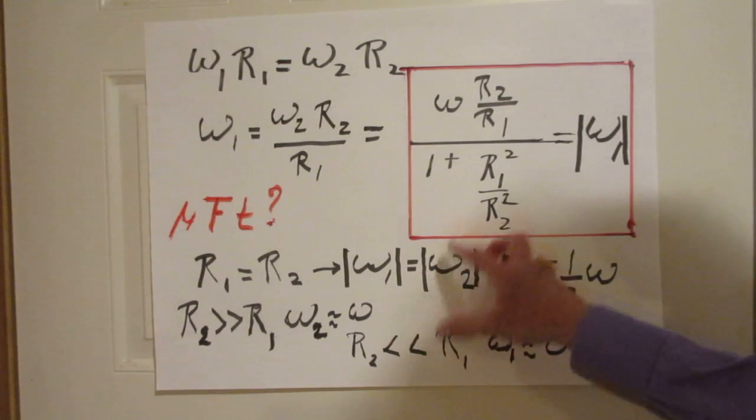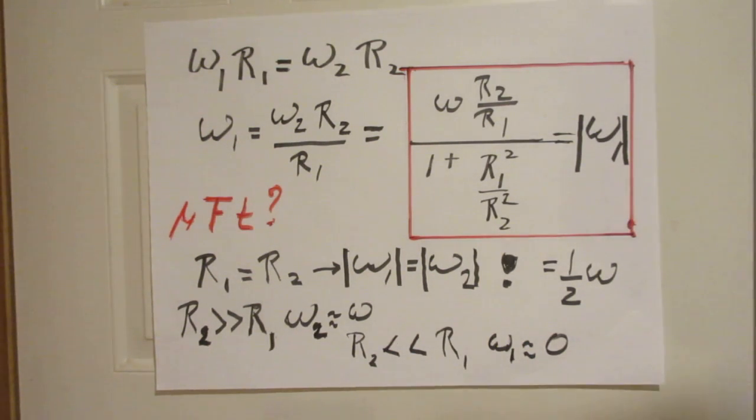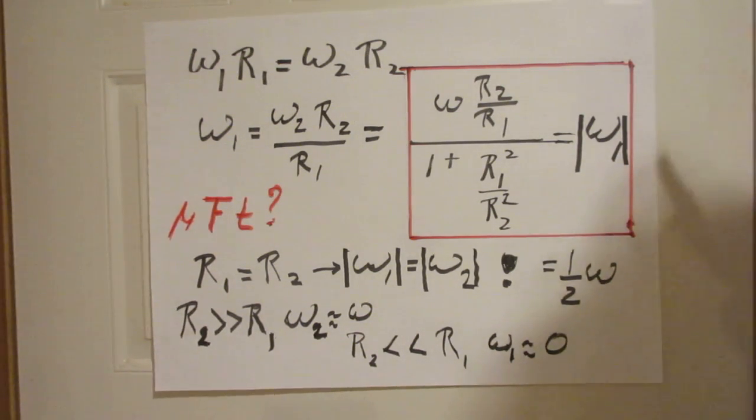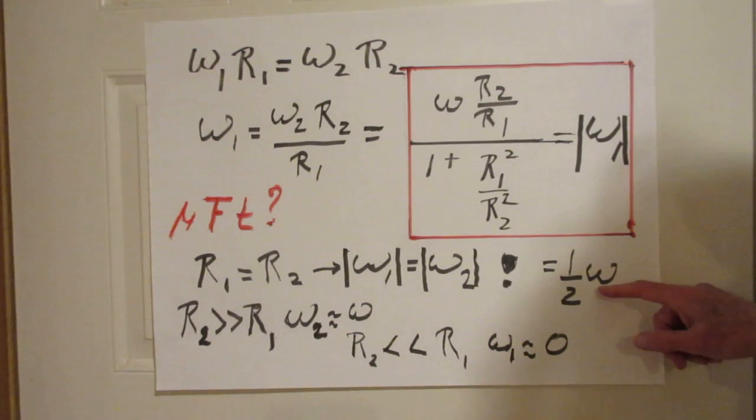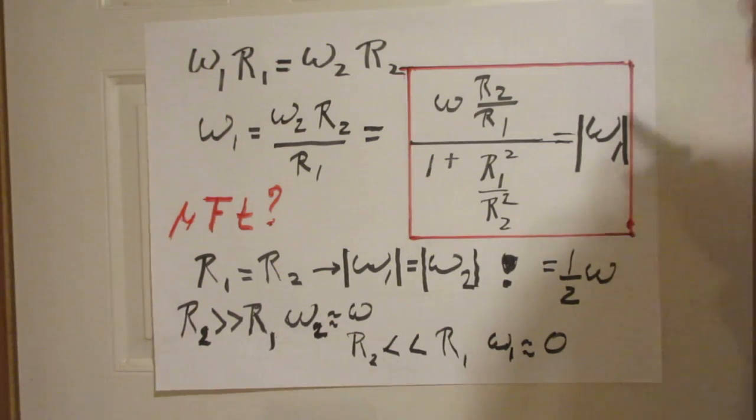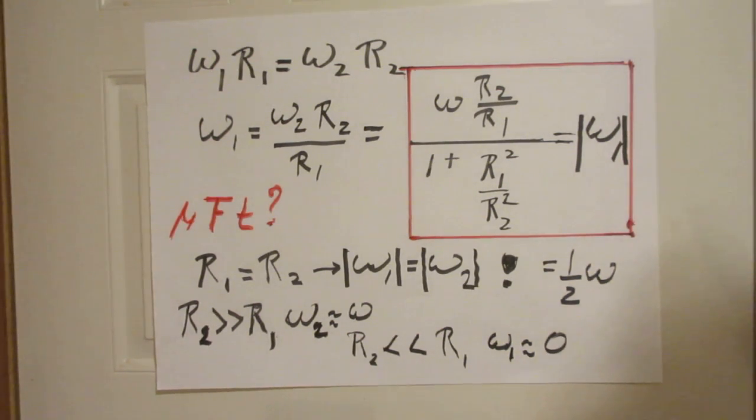I put the absolute sign here because we do remember, of course, they are in opposite directions. What is not so obvious is that if you substitute in this equation R1 is R2, you find 1/2 omega. But that's a detail for now. So if you substitute in omega 2, R1 is R2, you find the same value as here, and in both cases you find 1/2 omega.